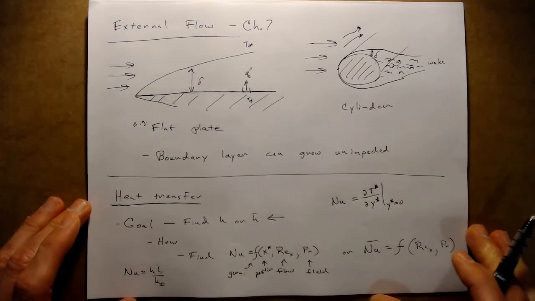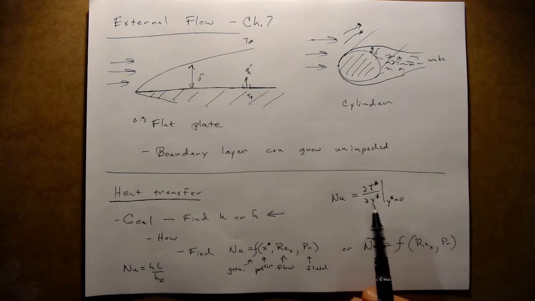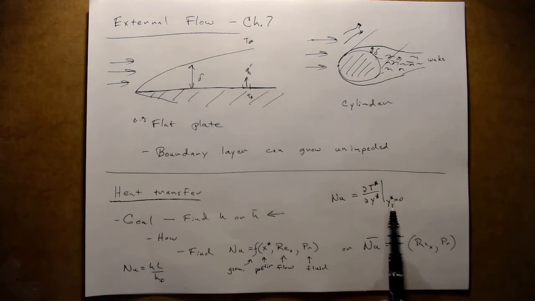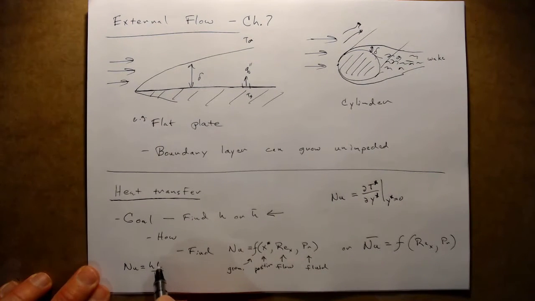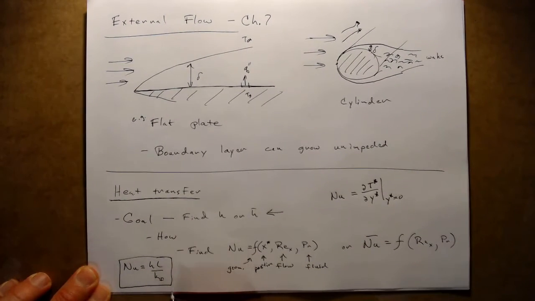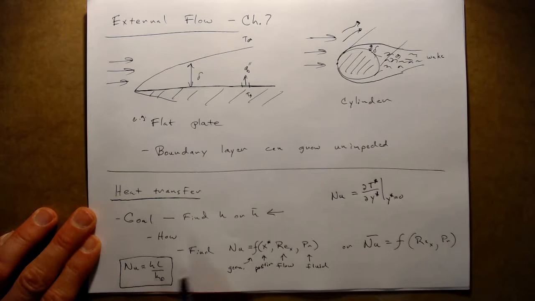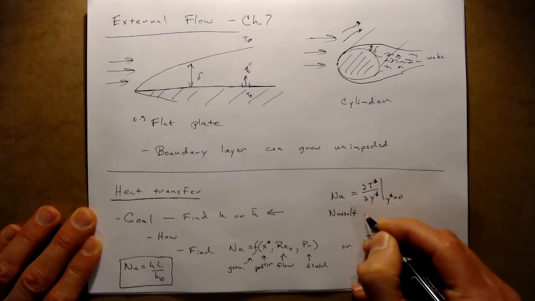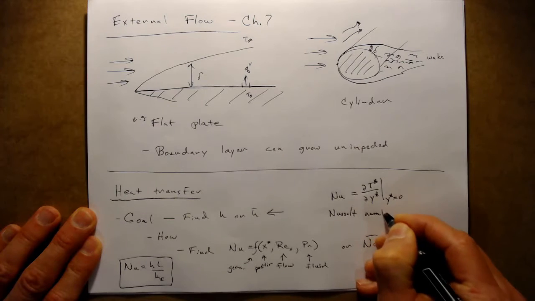And so in our non-dimensionalized boundary layer equations, we had said that we could express the heat transfer, or something related to the heat transfer, in terms of this temperature gradient along with the thermal conductivity of the fluid. So this essentially gives us a non-dimensionalized form of the heat transfer coefficient. And this term is called the Nusselt number.